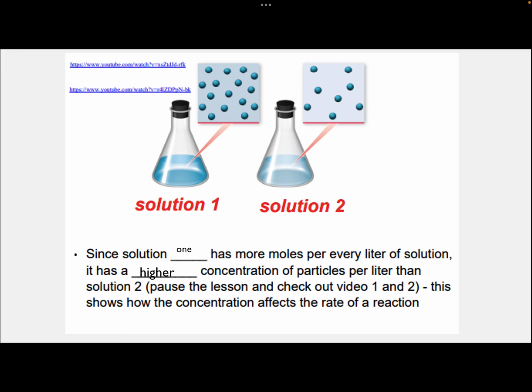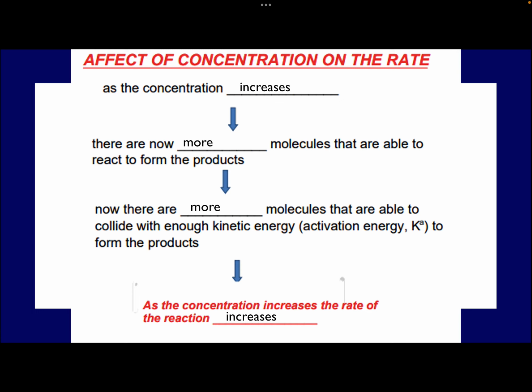Okay, so you would have seen in these videos that they're looking at the concentration and how it affects the rate of reaction. So if the concentration increases, then there are going to be more molecules that are able to react in order to form our products.